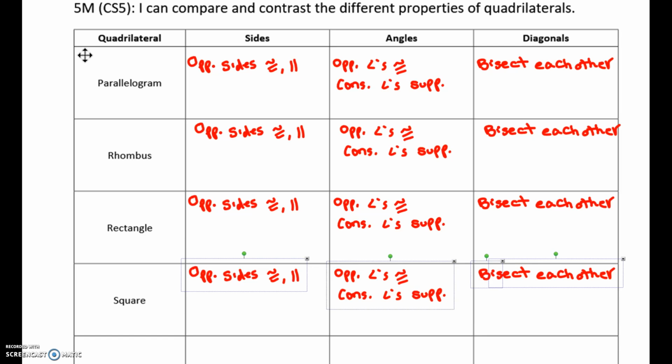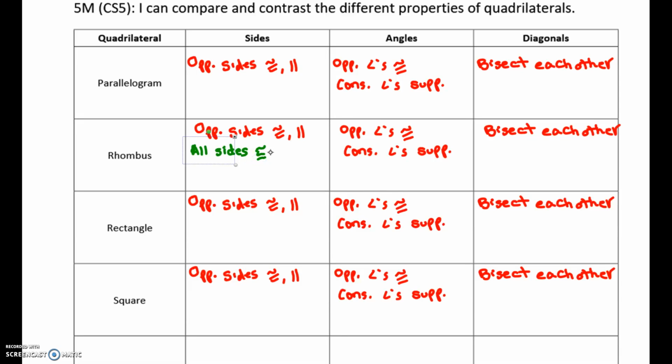Now let's take a look at the rhombus. My rhombus has some differences from the parallelogram, in that all of my sides are congruent, okay?